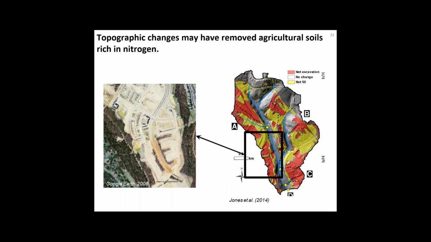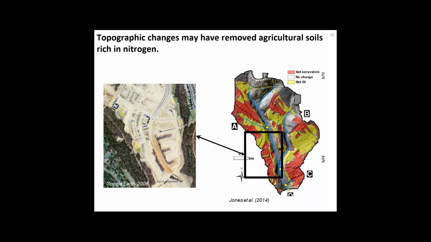There's lots of factors that could be contributing to this pattern in this watershed, but some of them are related to topographic changes that have occurred within this watershed. During development, there was massive earth moving within this watershed. This map here is some work that Dan Jones published in Geomorphology, looking at changes.